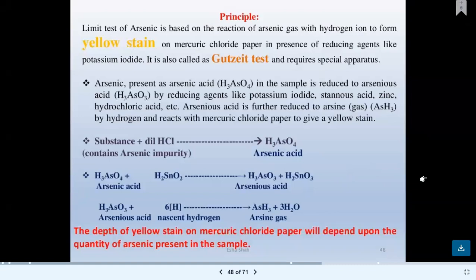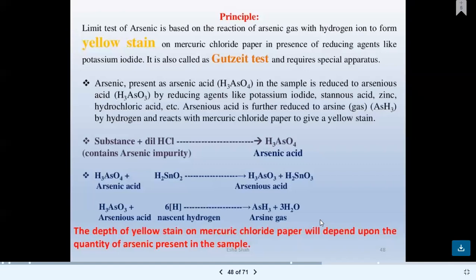Next is the principle. So the limit test for arsenic is based on reaction of arsine gas. In case of limit test for arsenic, we are going to convert the impurity arsenic into a gas, that is arsine gas.